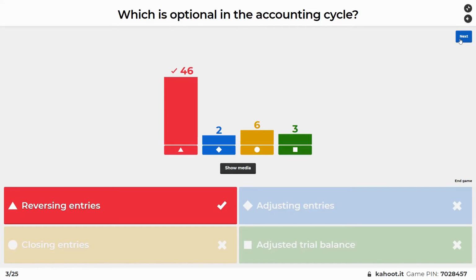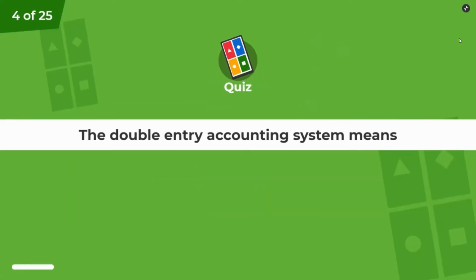Kasi na-mention natin kanina, reversing entries, these are optional, no? In such a way that it's simply making our life easier the following period, no? And that's why we are doing some reversing entries, no? Number 4.